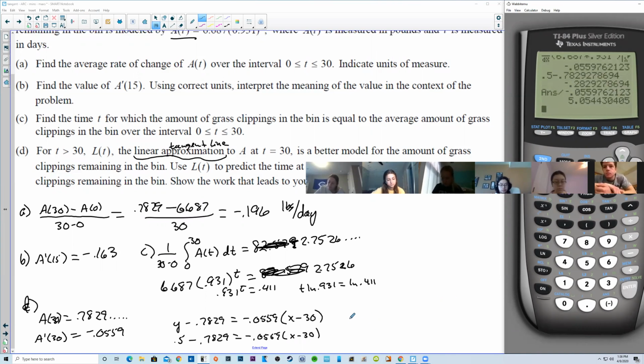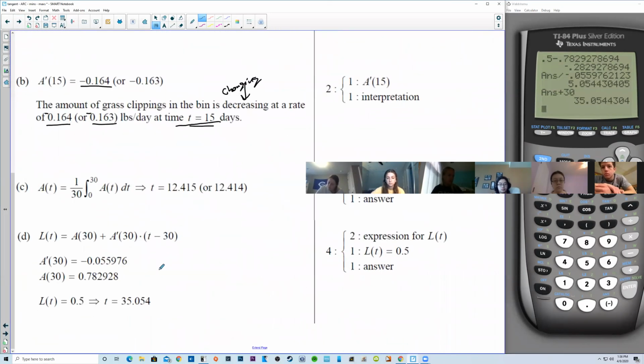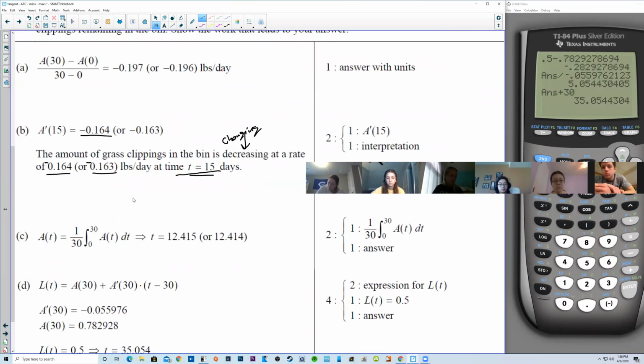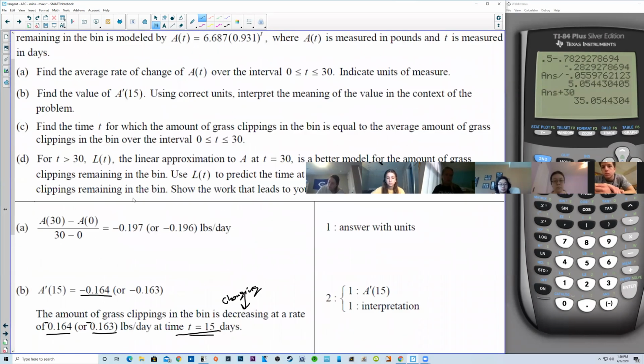Now I have x minus 30 equals 5.0544. So we just have to add 30 to that. I don't think I need a calculator for that, but I already hit it. So the time is 35.054. Let's check that. There we go, 35.054. I actually got one all by myself.